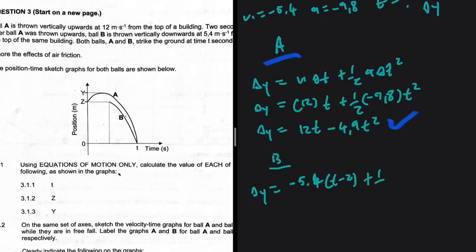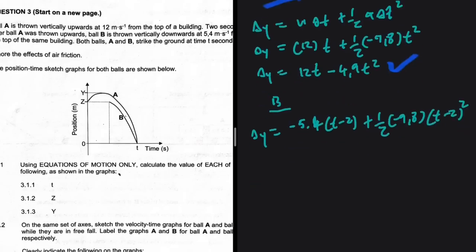And then plus a half acceleration minus 9.8, right? So here we are also going to have t minus 2 squared. This is because it was thrown 2 seconds after ball A was thrown. So delta y is going to be minus 5.4 t plus 10.8.